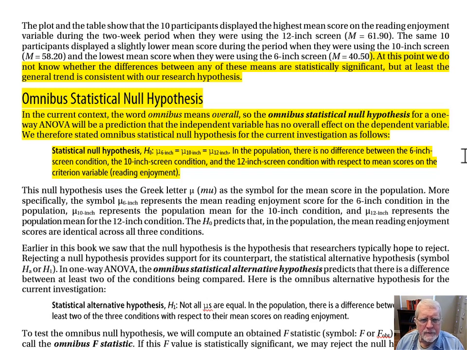We therefore stated the omnibus statistical null hypothesis for the current investigation as follows. Null hypothesis. Mu 6-inch is equal to mu 10-inch is equal to mu 12-inch. In the population, there's no difference between the 6-inch screen condition, the 10-inch screen condition, and the 12-inch screen condition with respect to mean scores on the criterion variable, which is reading enjoyment. Remember, a researcher just about always hopes to reject a null hypothesis. So we hope when we look at our statistical results, we'll be able to reject this statistical null hypothesis.